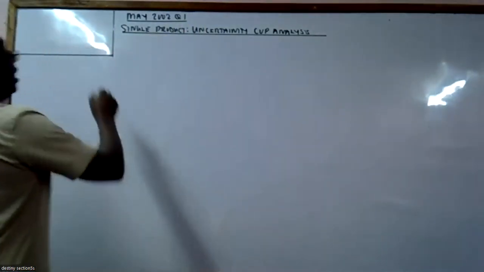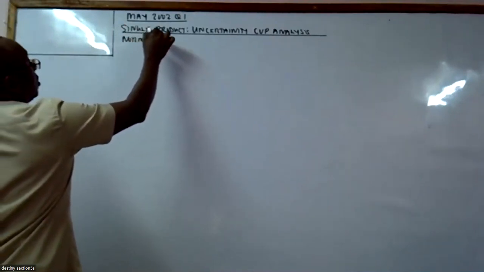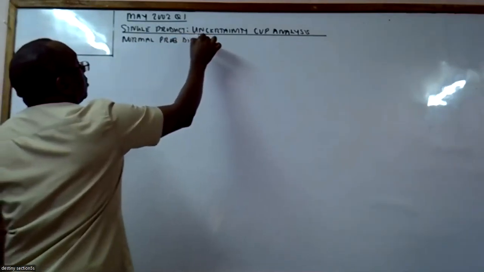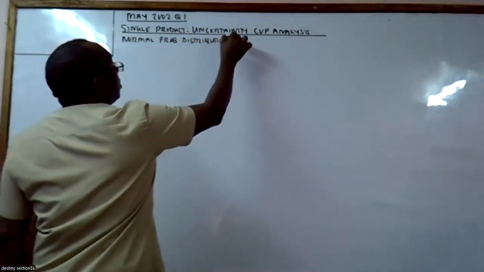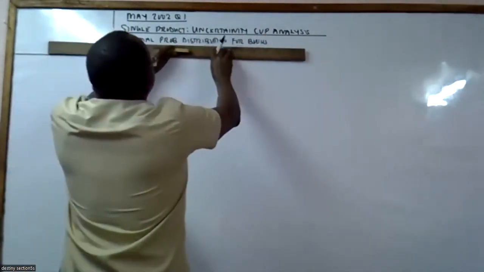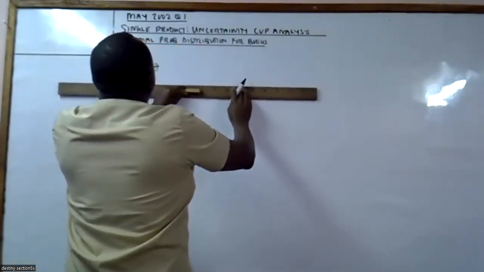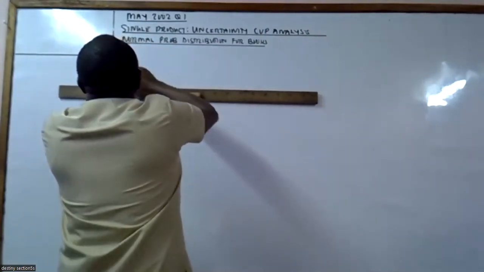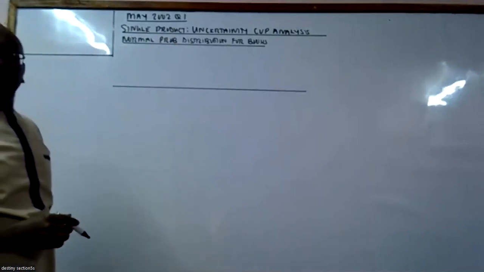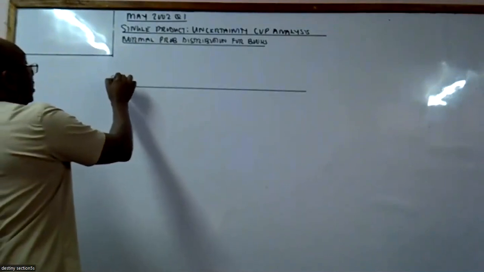So we will come here and say normal probability distribution for books. I told you when you are given a normal probability distribution, I think we came across this when you were in inventories, you draw a normal curve like this.